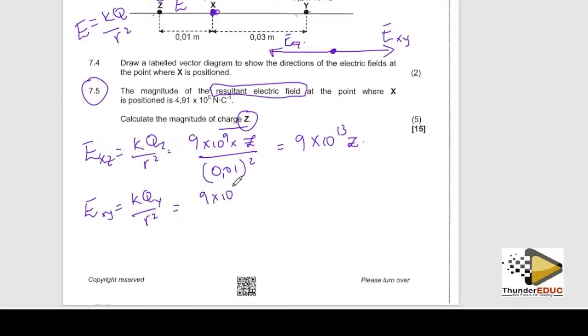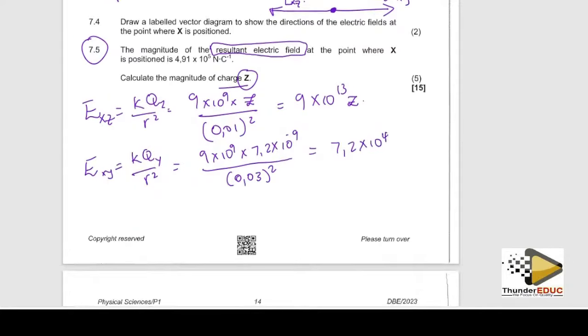So 9 times 10 to the 9 times 7.2 times 10 to the negative 9 over 0.03 squared. When I punch this into the calculator, 7.2 times 10 to the negative 9 over 0.03, I'm having 7.2 times 10 to the 4.